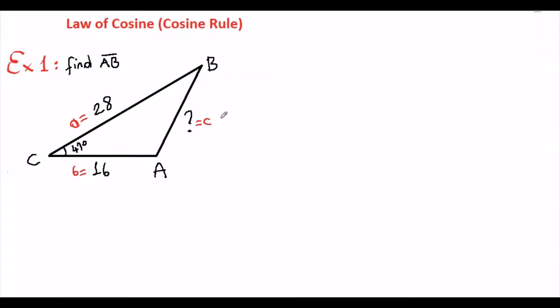In our case, the missing side is C, so we're going to apply C squared is equal to two known sides, which is A squared plus B squared, minus 2 times AB times cosine of C. Here all we have to do is just plug in the numbers.